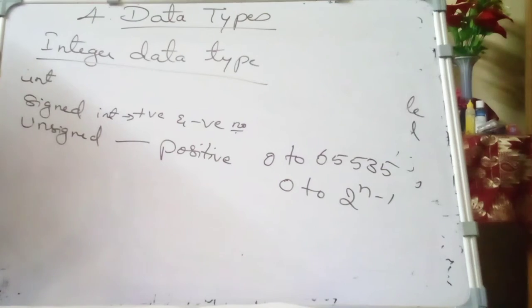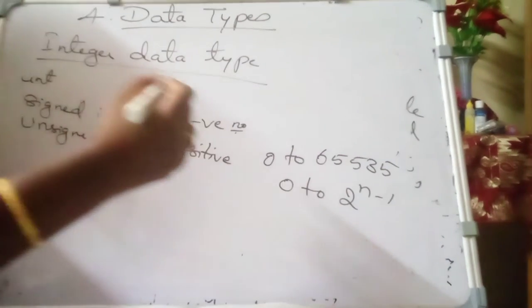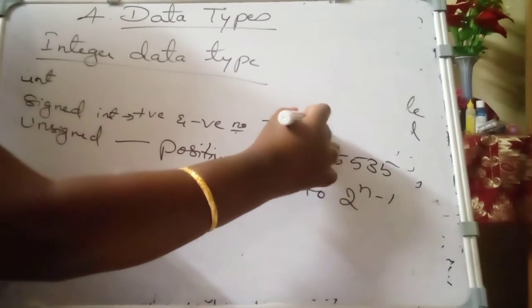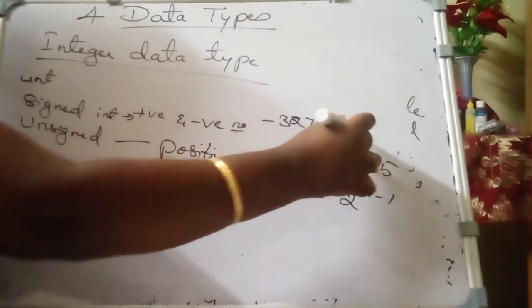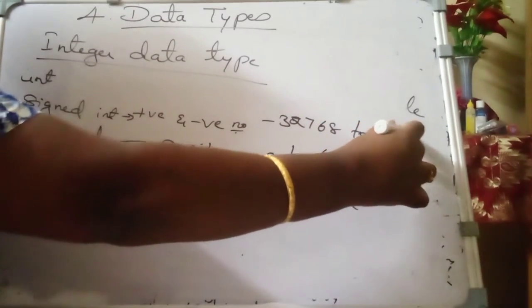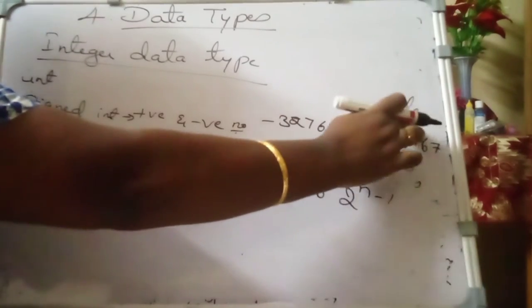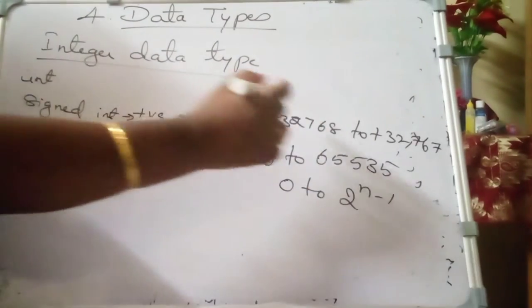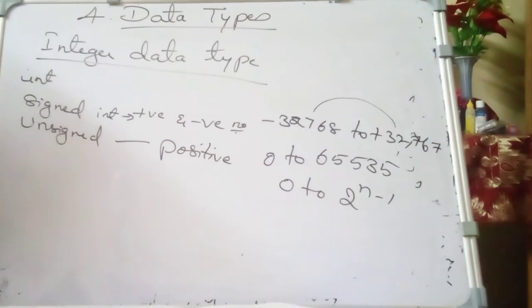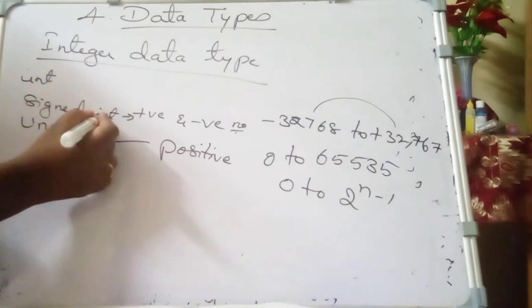So the range, what numbers it will hold: the range of the signed int varies from minus 32,768 to plus 32,767. Any number which falls within this is considered to be a signed int if you are using signed int.